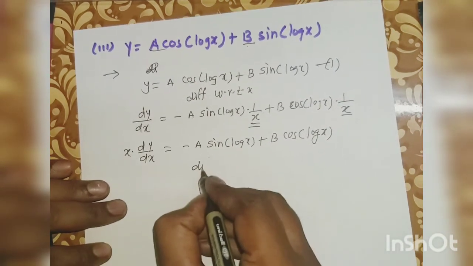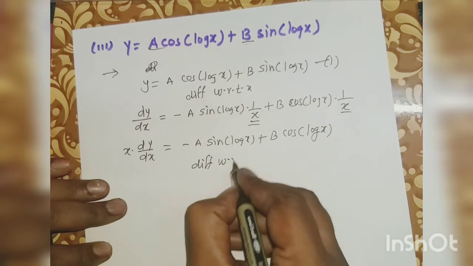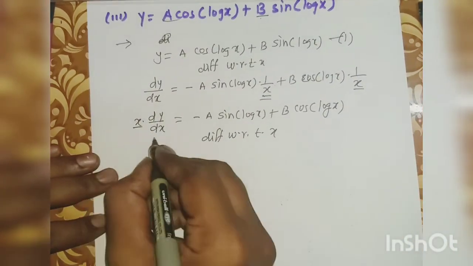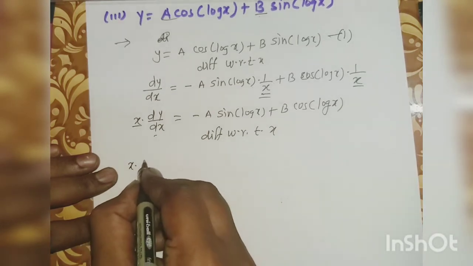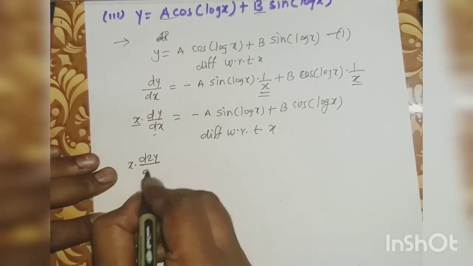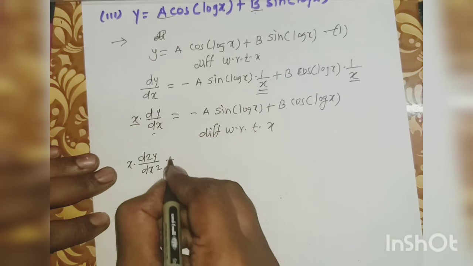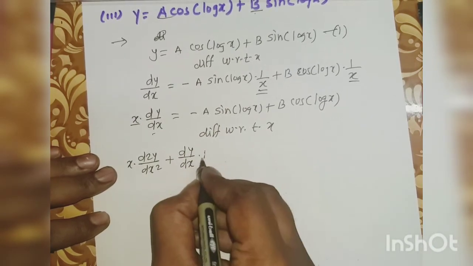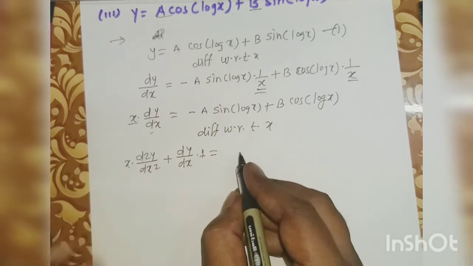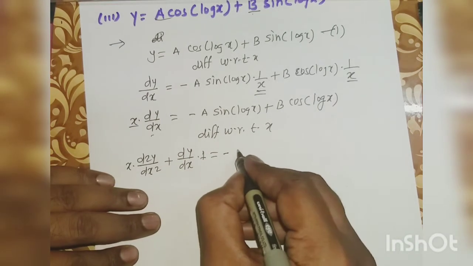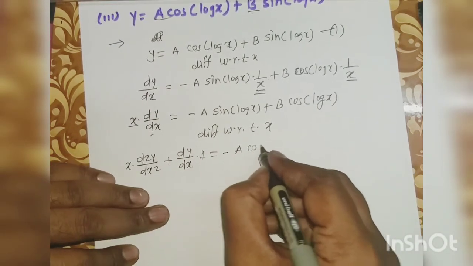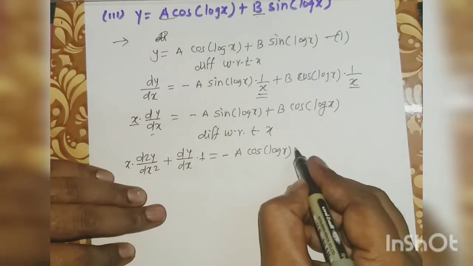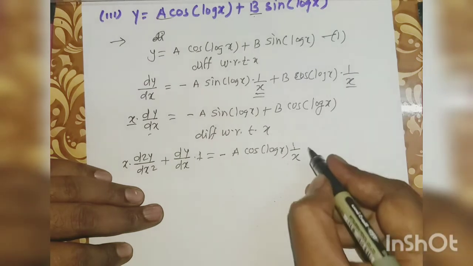Differentiate with respect to x. Here u into v: x d2y by dx square plus dy by dx, derivative of x is 1, is equal to minus a into cos of log x, and derivative of log x is 1 by x.